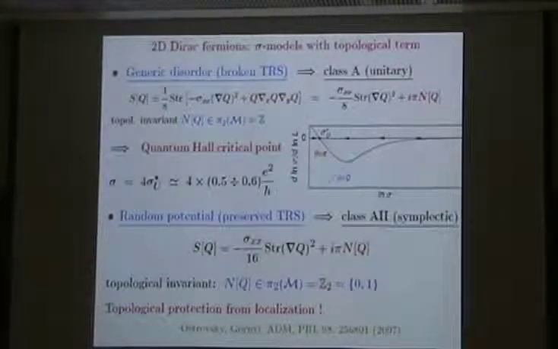And here it does not come from a magnetic field, since there is no magnetic field. However, you do get a topological term, and it comes from the Dirac fermion nature. So when you map this problem, Dirac fermions with randomness, onto the sigma model, the fact that you deal with Dirac fermions generates a topological term.